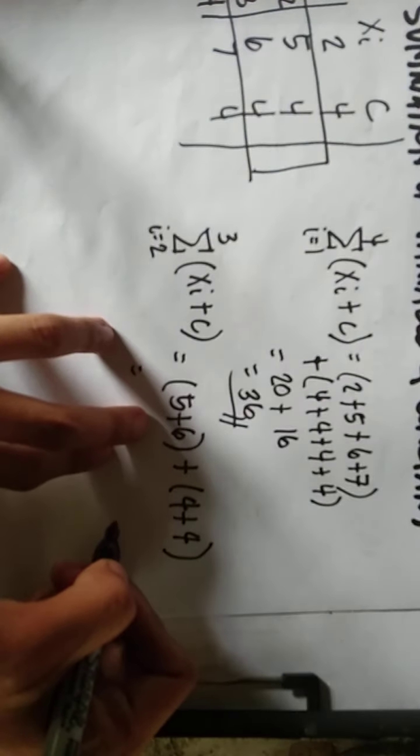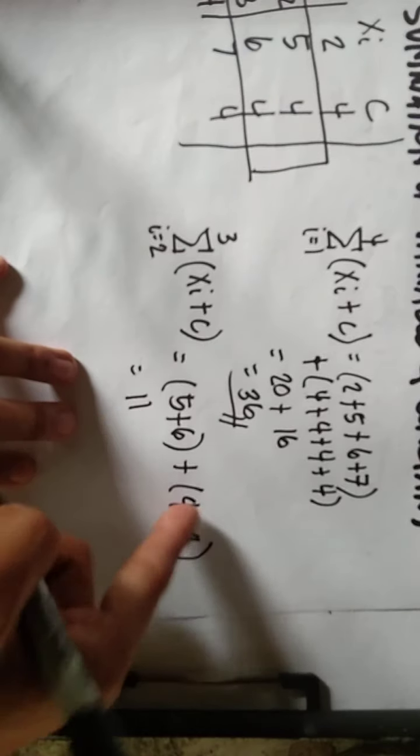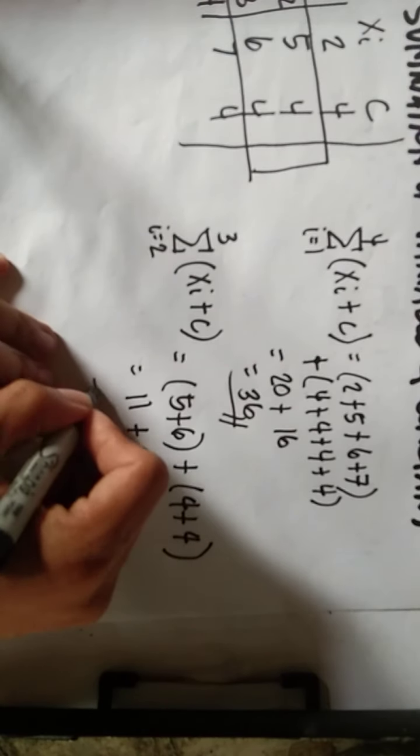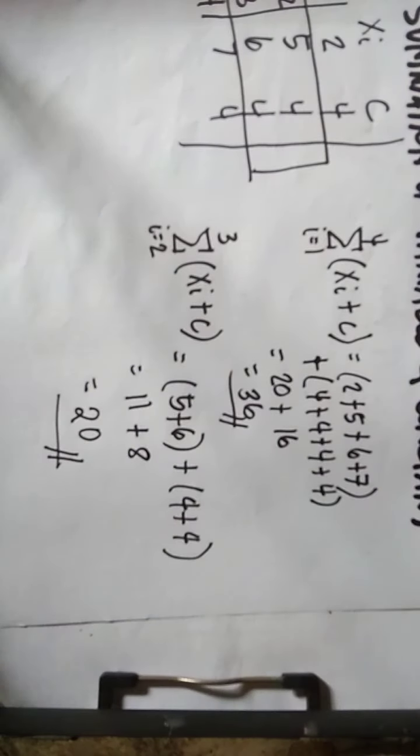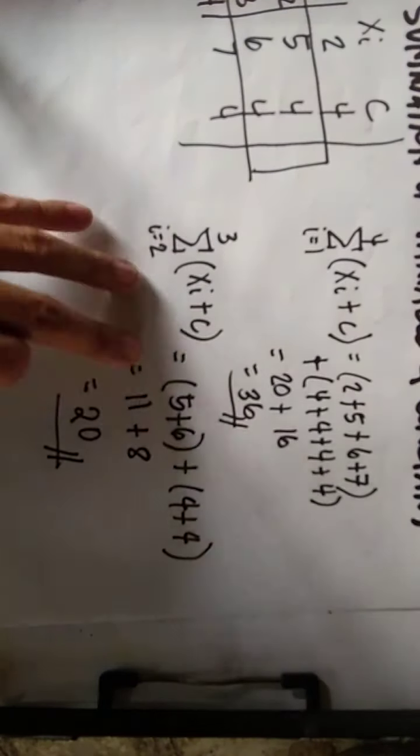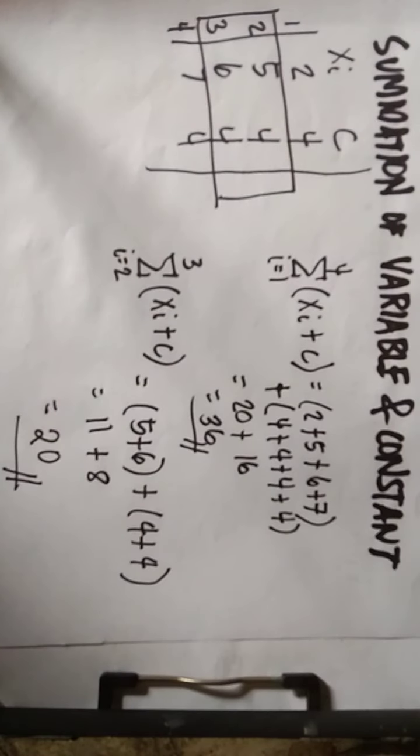So, we will have 5 plus 6 is equal to 11 plus 8, and this is equal to 20. So, that's how you do the summation of variable and constant.